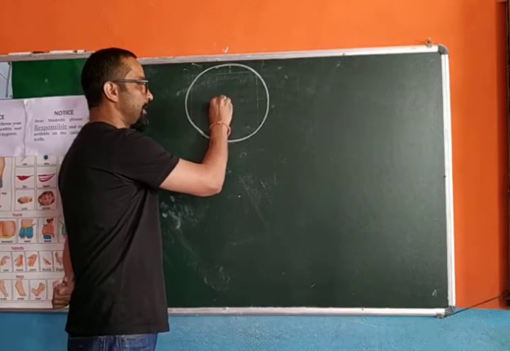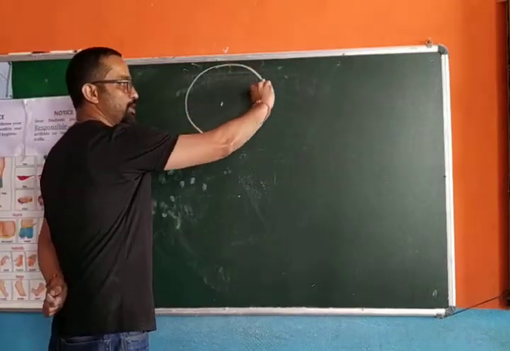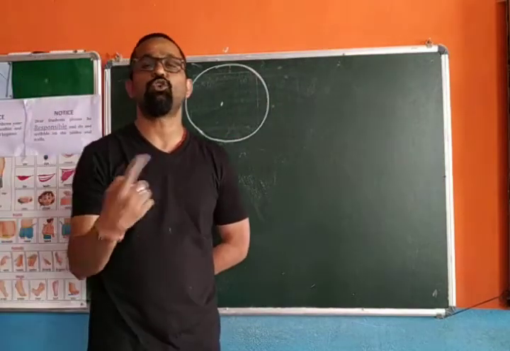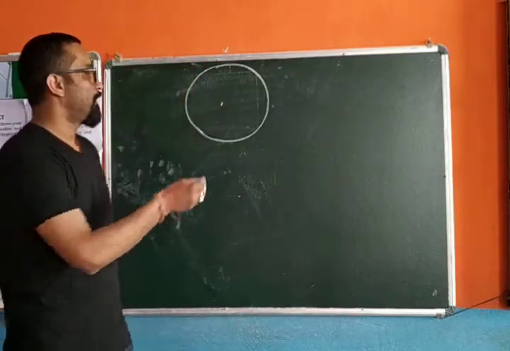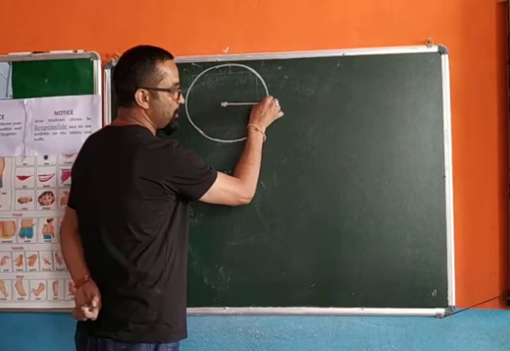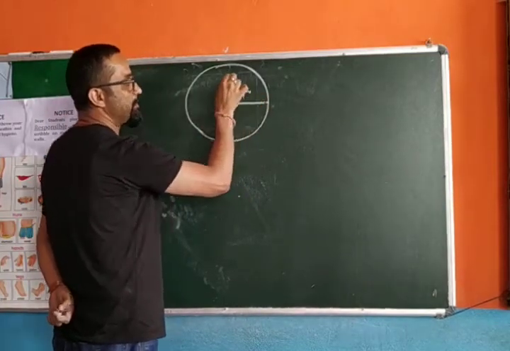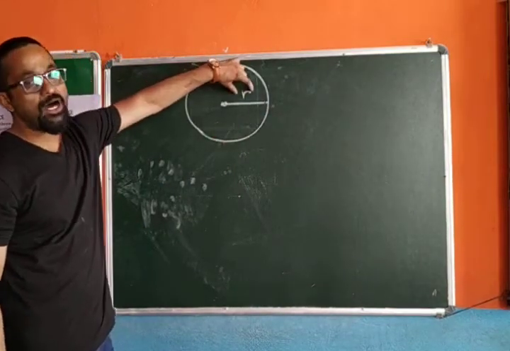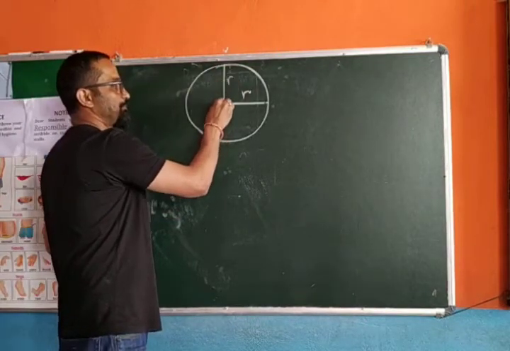A circle has a center. This curved line is known as the circumference, which is also known as the boundary. The distance between the center and the curved line is known as the radius, represented by r, and the radius is always fixed.